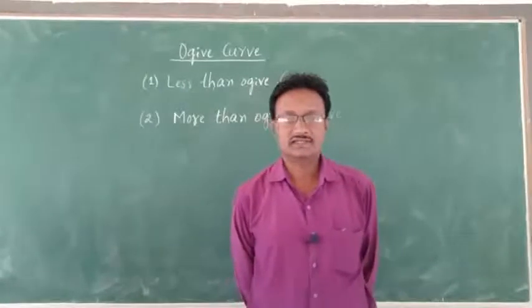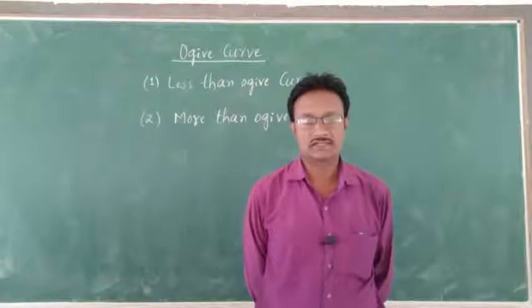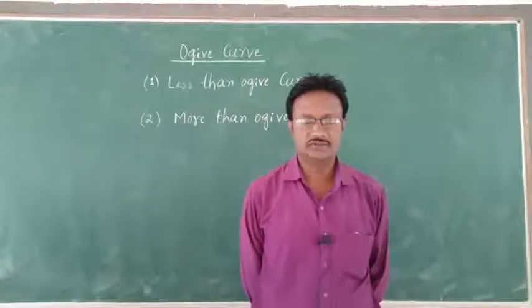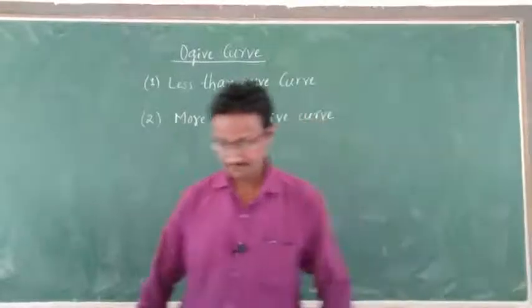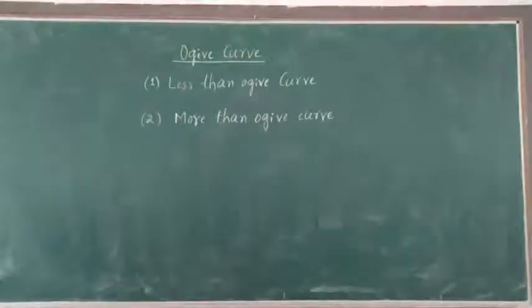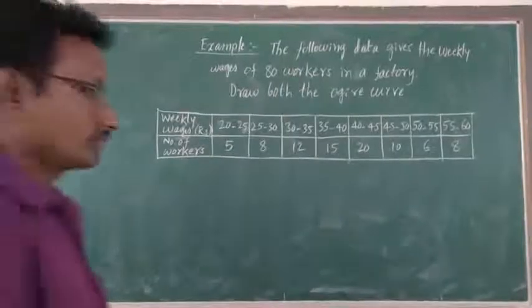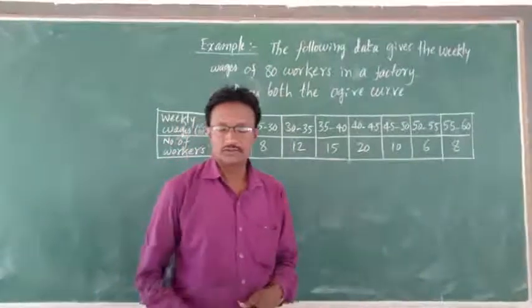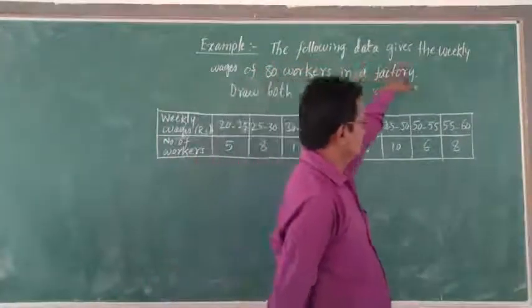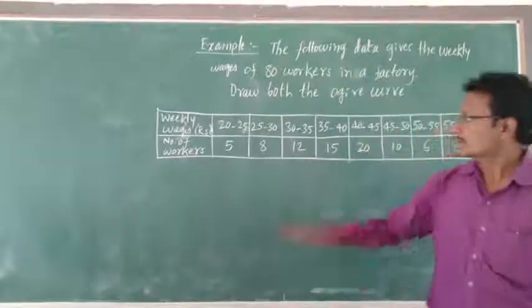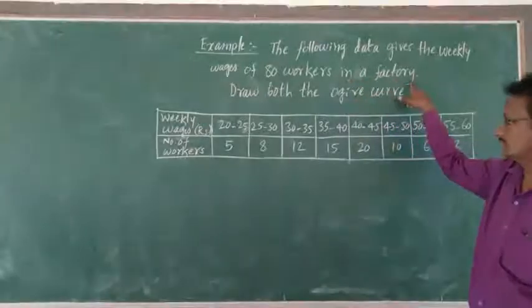Let us take an example how to construct less than ogive and more than ogive. The question gives the weekly wages of 80 workers in a factory.